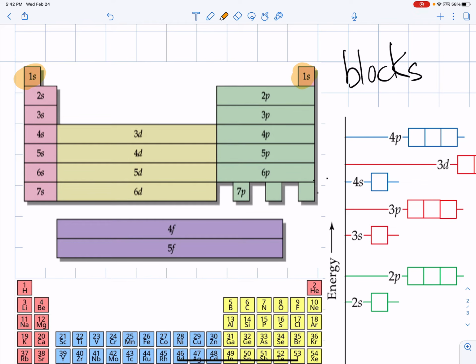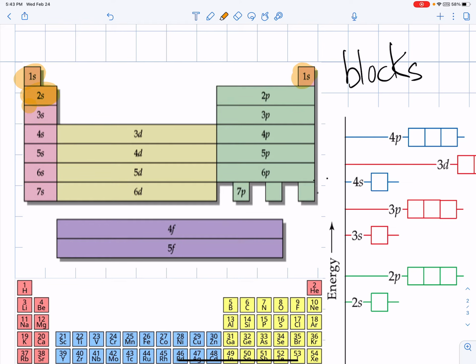When you continue, you get lithium and beryllium, which I'm highlighting on the left. Lithium and beryllium, they're in the 2s, so their last electrons are filling up the 2s sublevel. When you go from boron across to neon, those 6 elements are filling up the 2p sublevel. And you could keep going.